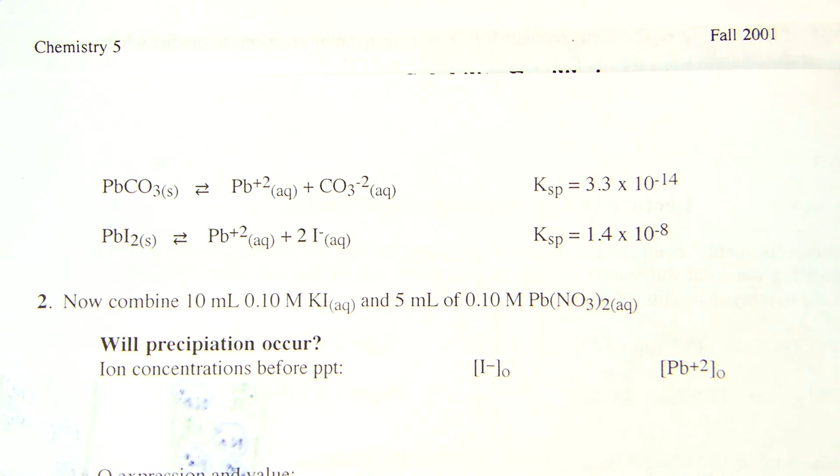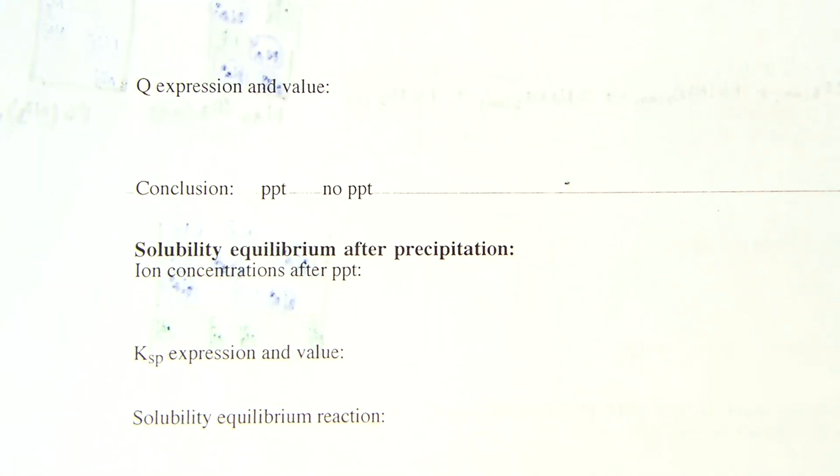I strongly urge you to pause the video at this point and please do this on your own. Once you are done finishing this page all the way till solubility equilibrium reaction, I ask you to start the video again, check your answer, and note any questions you have for me to be asked tomorrow. Okay?